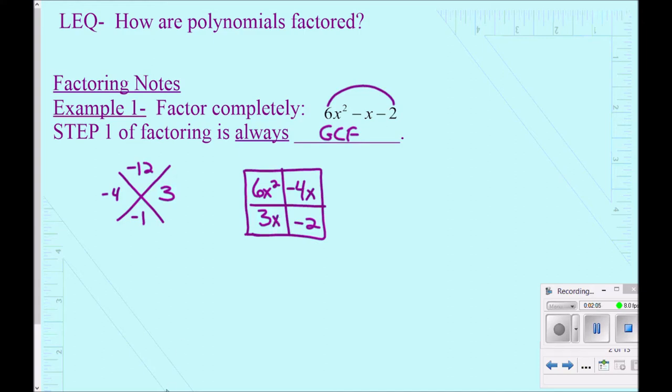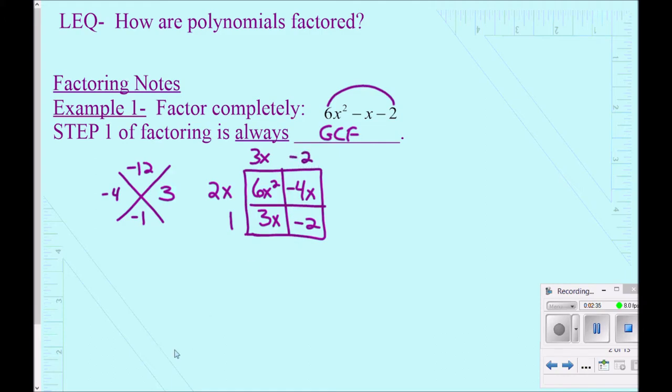Now I'm ready to factor across the rows and down the columns, pulling out the greatest common factor. Across the first row, between 6x squared and -4x, 2x is the GCF. Across the second row, between 3x and -2, +1 is the GCF. Down the first column, between 3x and 6x squared, 3x is the GCF. And down the last column, between -2 and -4x, is -2.